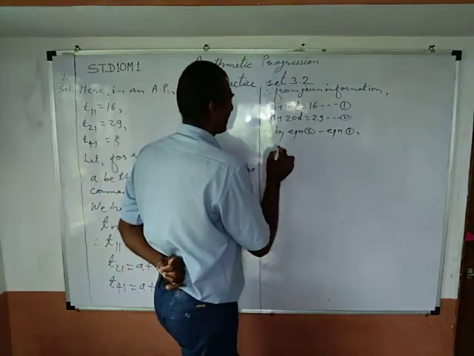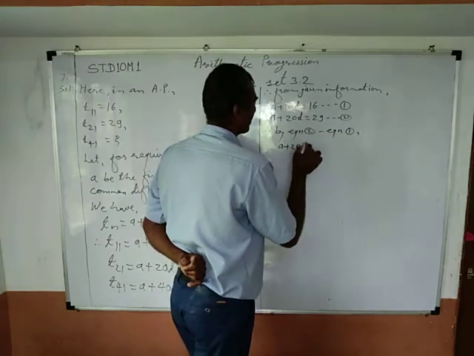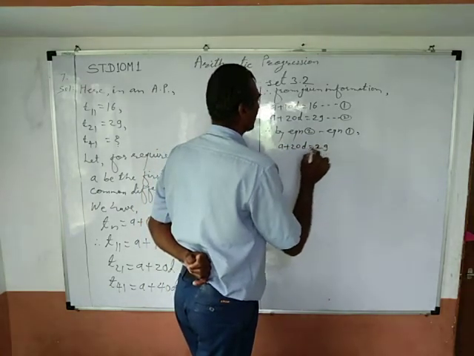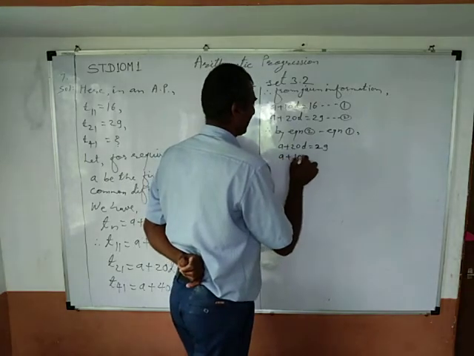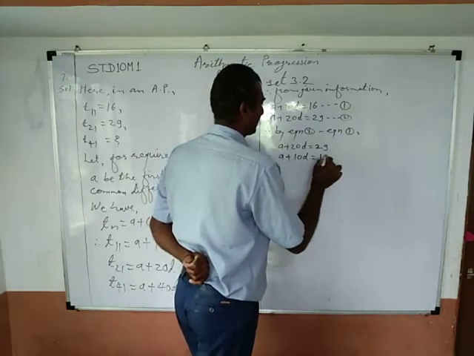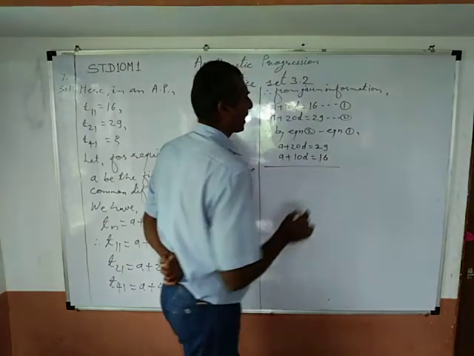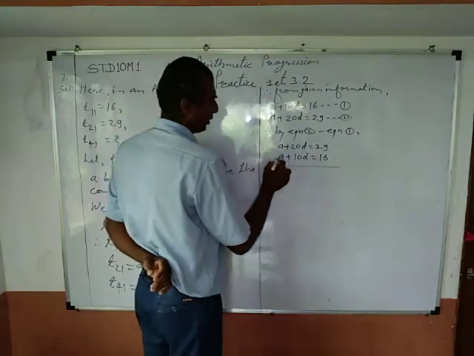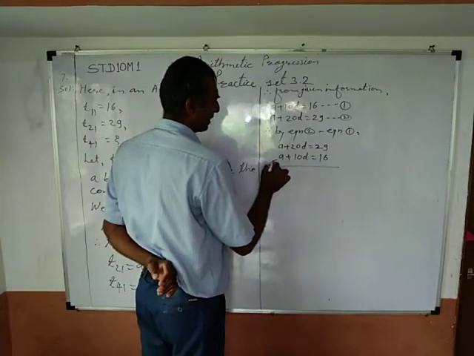What is equation 2? A plus 20D equals 29, and equation 1 is A plus 10D equals 16. As we are going to perform subtraction, plus becomes minus.